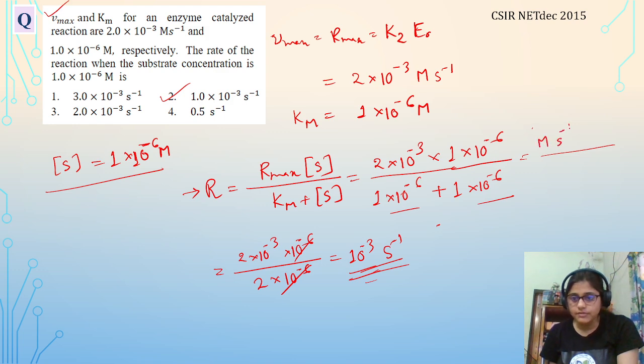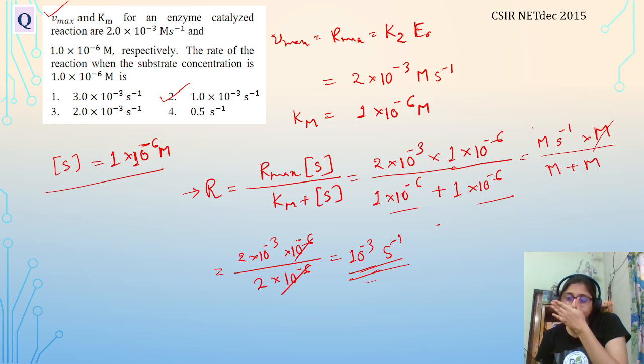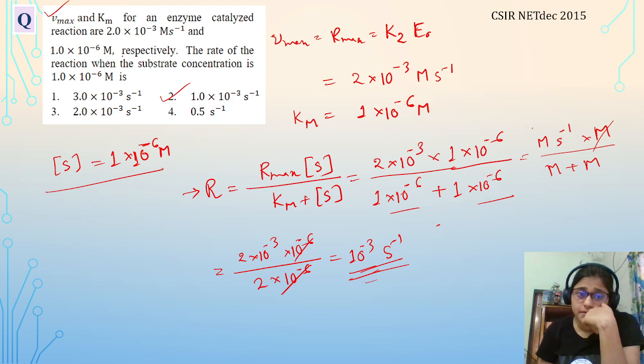Molar, this will be molar also. The unit of Km is molar again, and S is also molar, so molar will cancel. Rmax is mole per second, and Km is mole, and S is also mole.